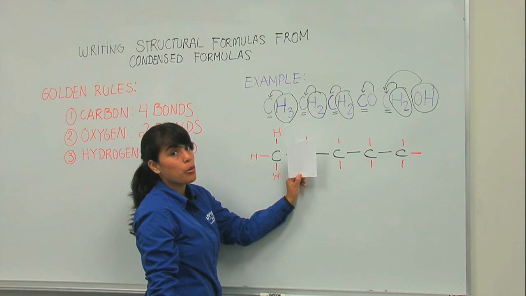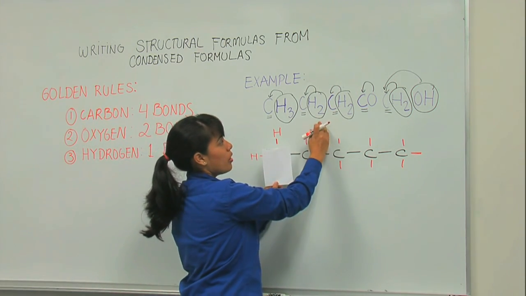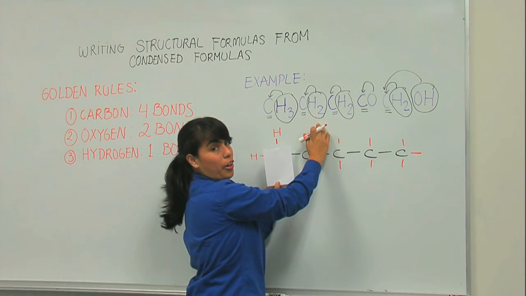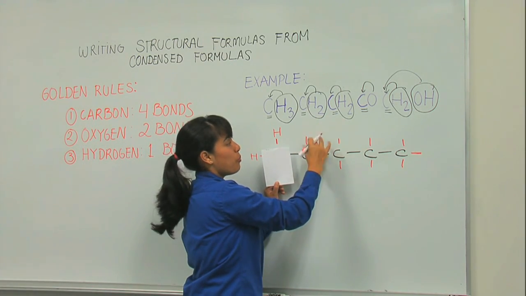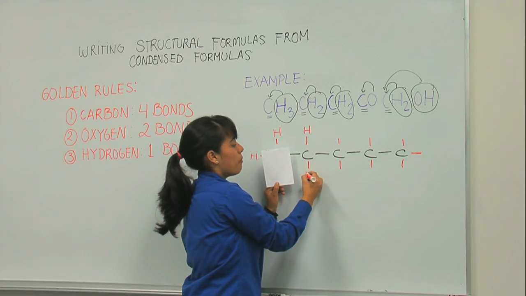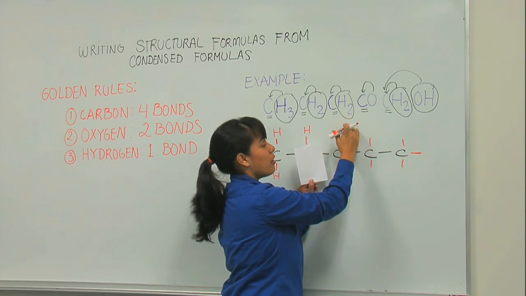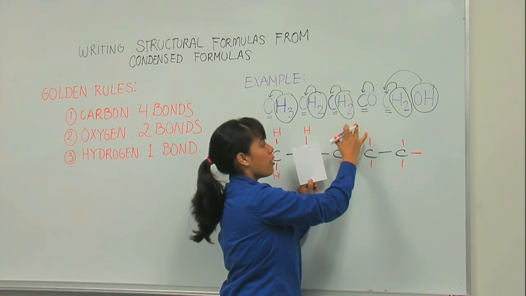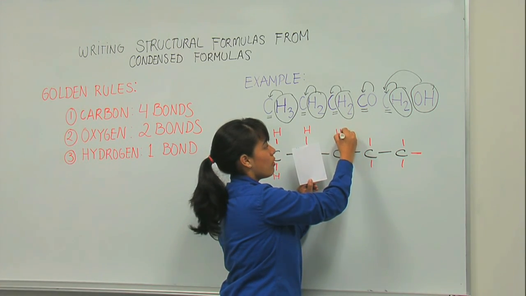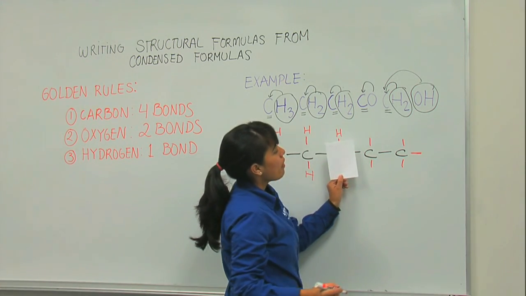That's it. I have them complete. Now, the next one is this carbon here. I need 2 hydrogens and I have 2 spaces, so I'm going to put them here. The same happens for this carbon here. I need 2 hydrogens and I have 2 spaces, so I'm going to put them here.